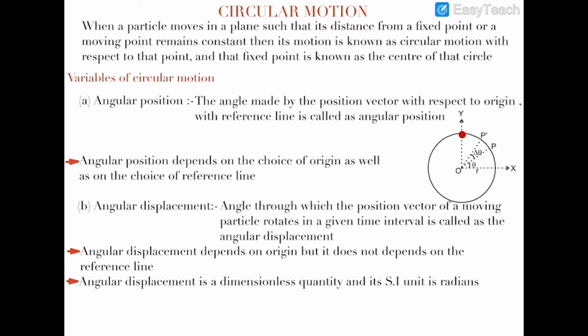If the particle is at this point, its angular position would be 90 degrees. So the angular position is the angle subtended by the position vector of the particle in circular motion with the reference line.